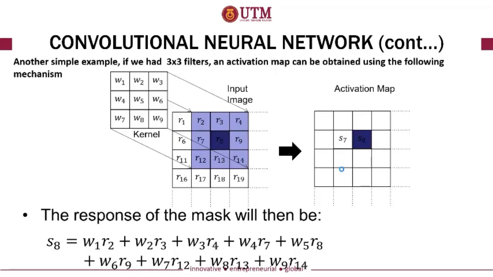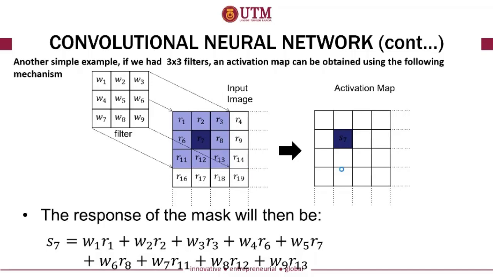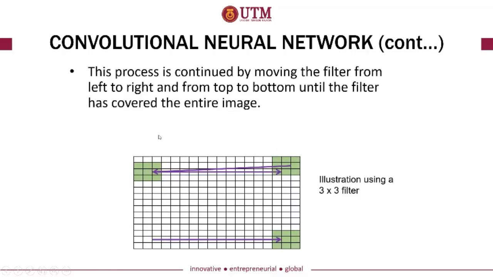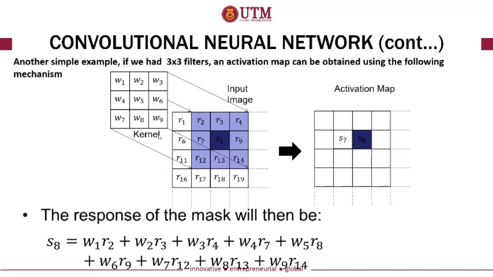What is the meaning of two-dimensional? Because the input here is a two-dimensional input, that's why the convolutional operation is called a two-dimensional convolutional operation. So you slide over the entire image, but again, don't confuse it with the CNN, because CNN also involves three-dimensional convolution.